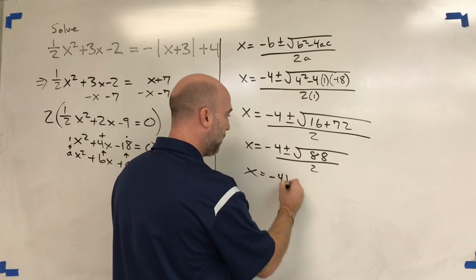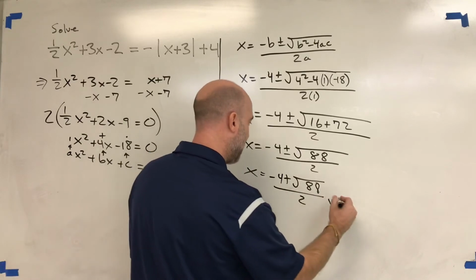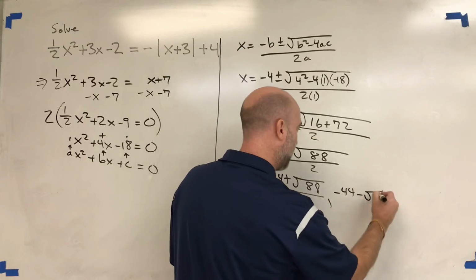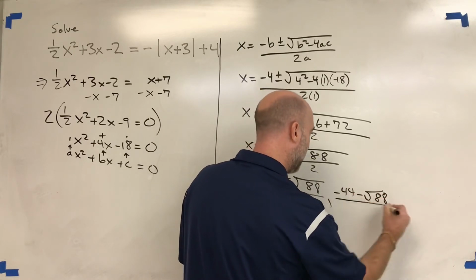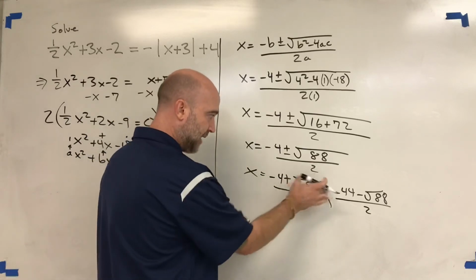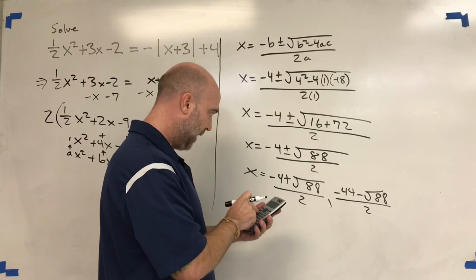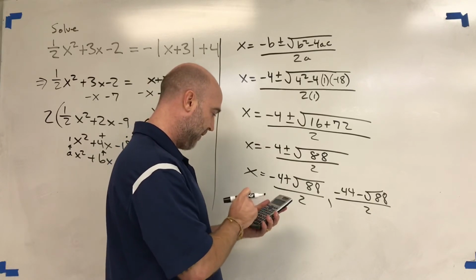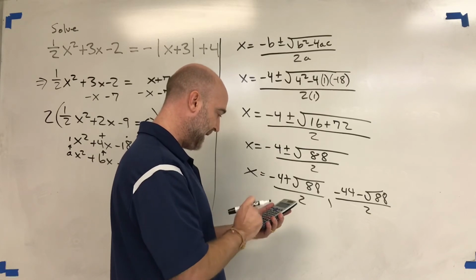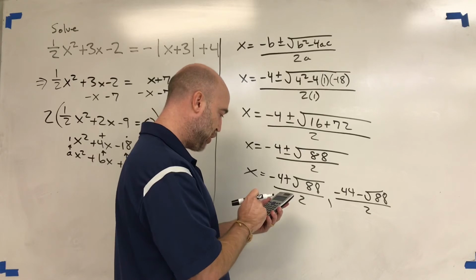The negative 4 plus square root of 88 over 2, and the negative 4 minus square root of 88 all over 2. Just be careful how you type it in. I like to kind of deal with each of these in the order of operations. So I would say negative 4 plus square root of 88 equals that answer divided by 2.